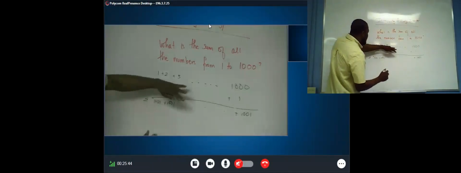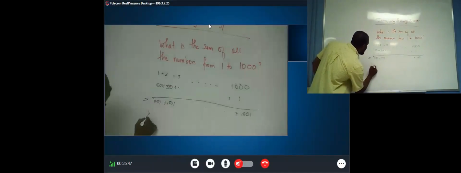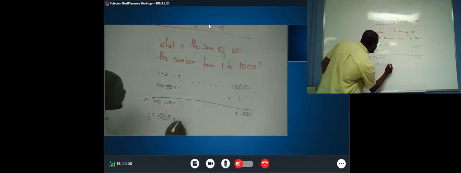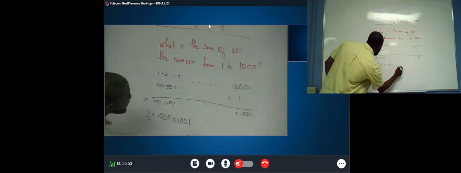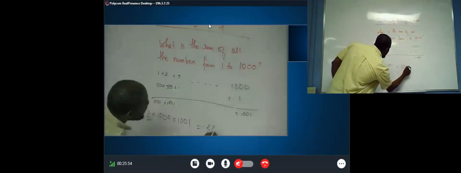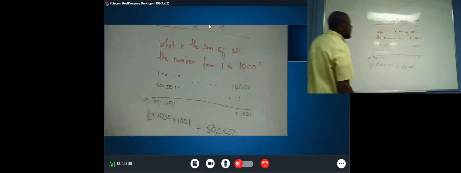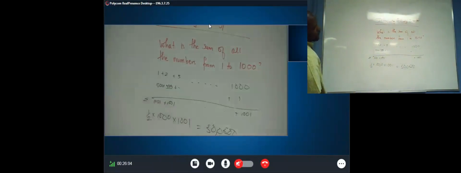So the sum of one of these lines would be a half times 1,000 times 1,001, which is equal to 500,500.